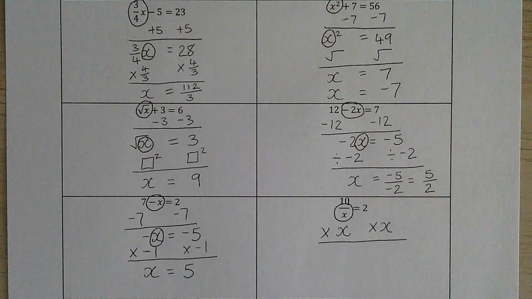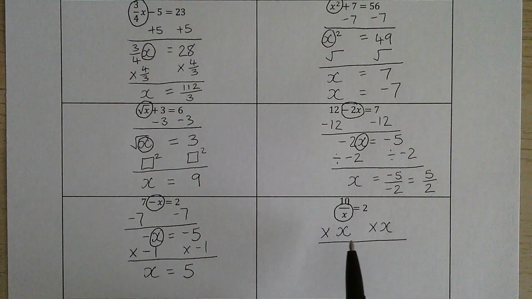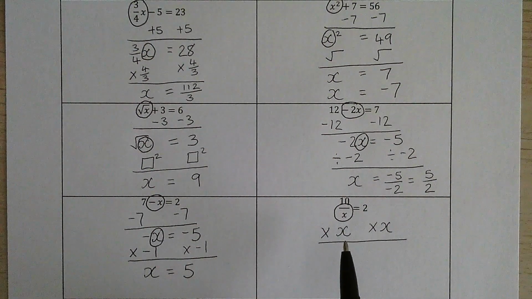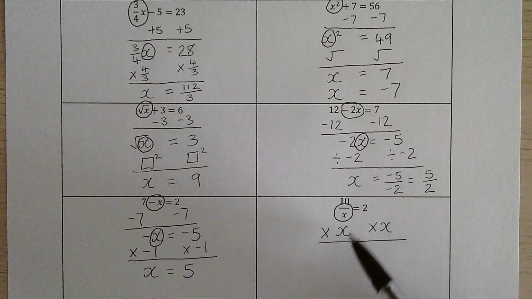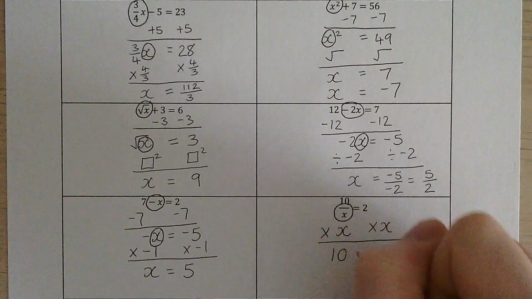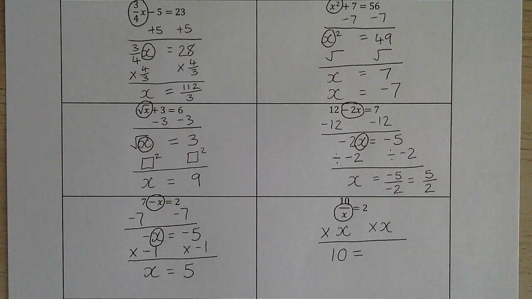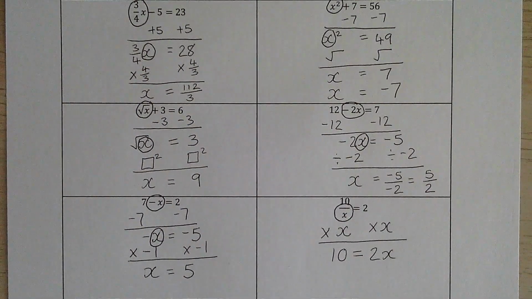Notice here, it's really important that we draw our multiplication symbols differently to how we write the variable x. 10 divided by x times by x will cancel out the x variables, leaving us with just 10. But 2 times x is 2x. So now we have 10 equals 2x.